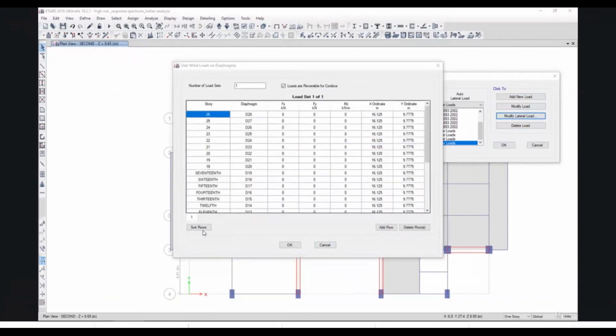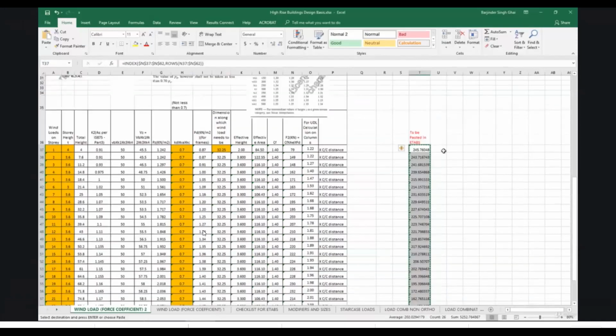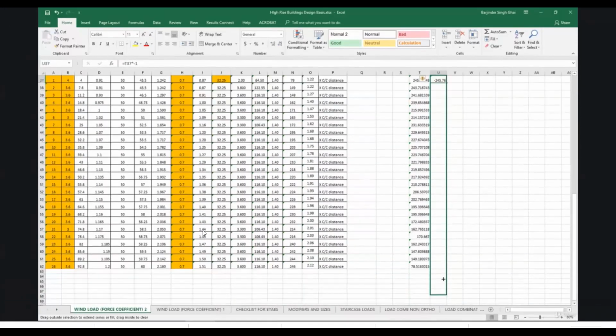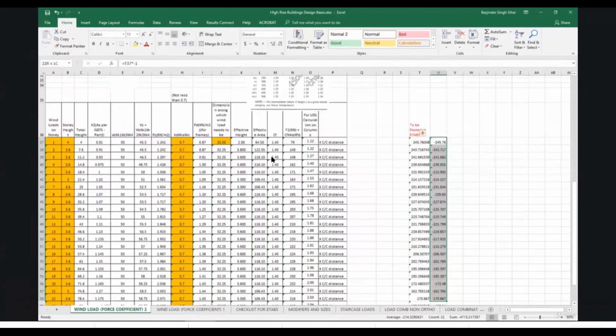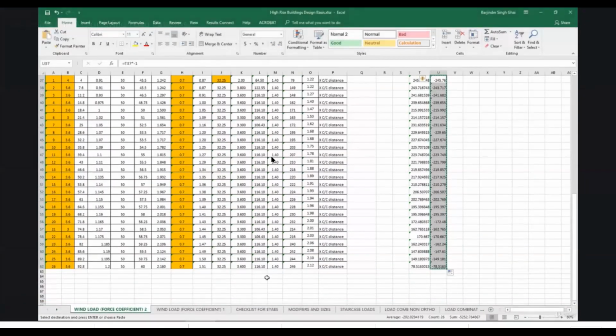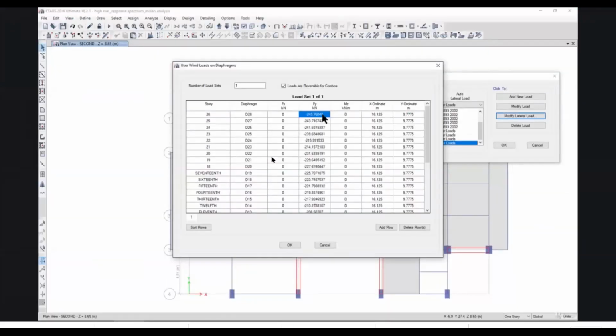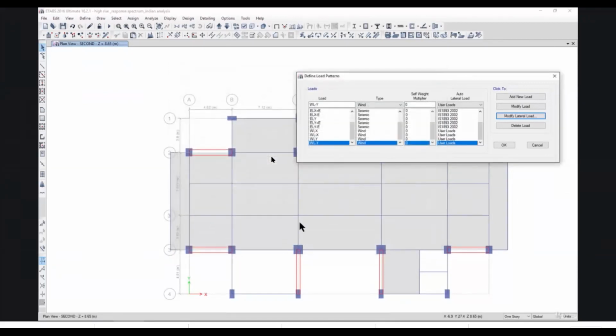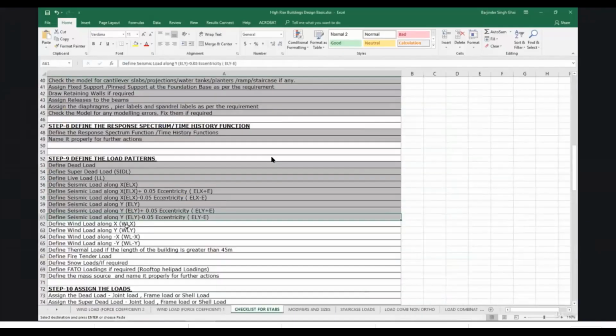Now whatever values that we have generated here shall be multiplied by -1 to copy that for WL minus Y. So we will select all these cells and then left click on copy, or press Ctrl plus C on the keyboard, and after that just Ctrl V here, so we can copy all the data here, and then left click on OK. So now we have defined WLX, WLY, WL minus X and WL minus Y.